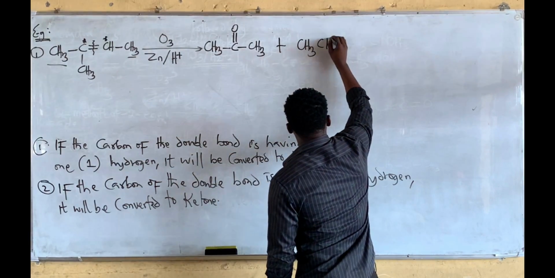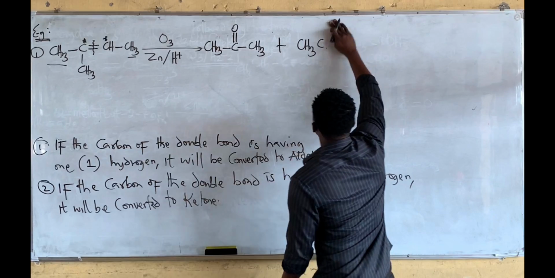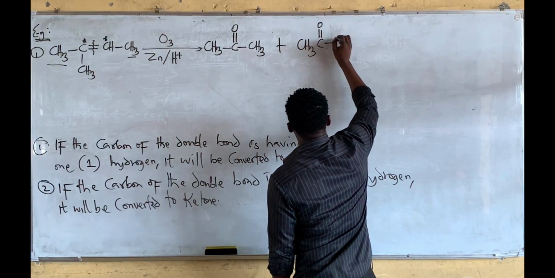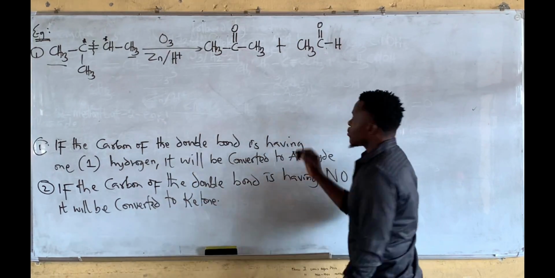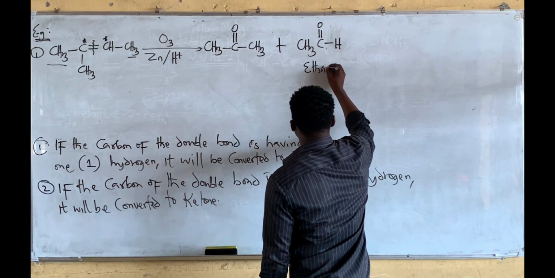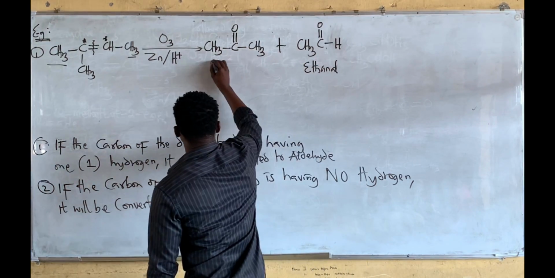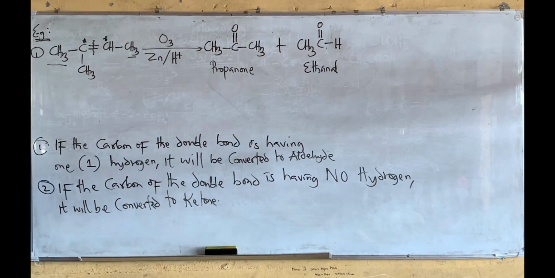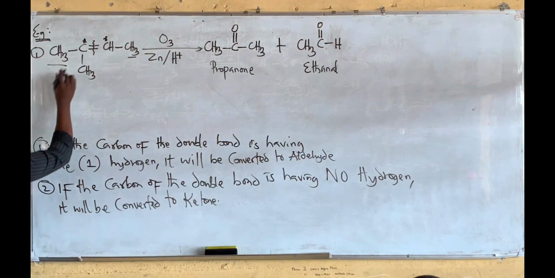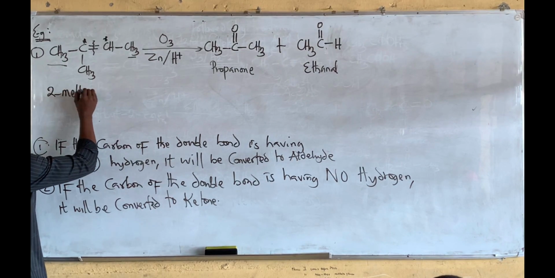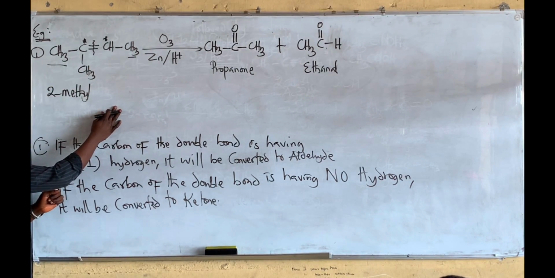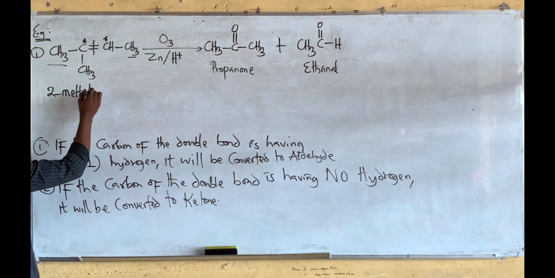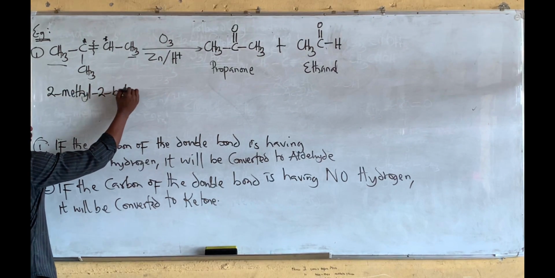It's going to be aldehyde, CHO, which can be written as... So this is ethanol, and this is propanol. So please write this. This is actually 2-methyl-2-butene. This is the structure on the board.